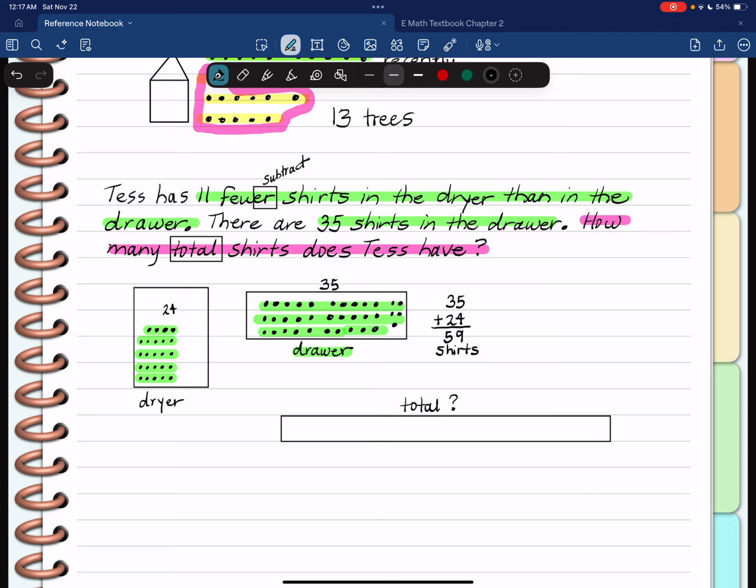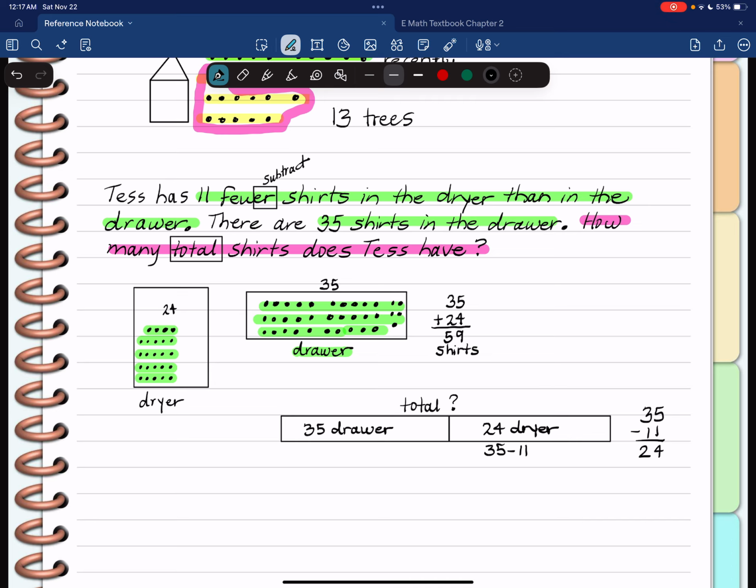And we know that she has shirts in 2 places. We know that she has them in the drawer. She has 35. And in the dryer, we know that she has 35 minus 11. So that would be 24.